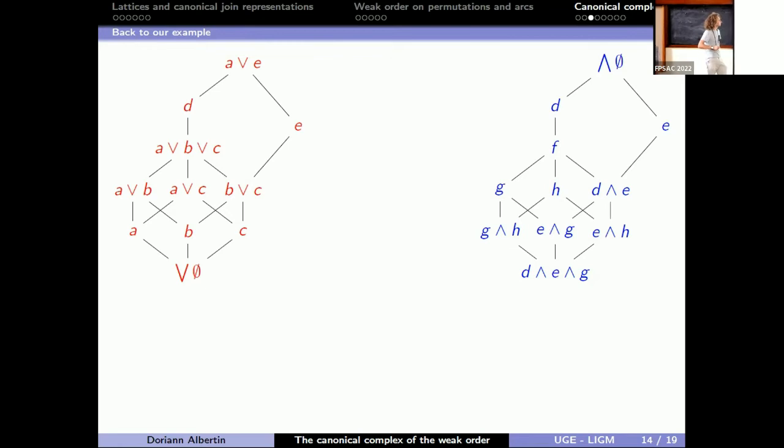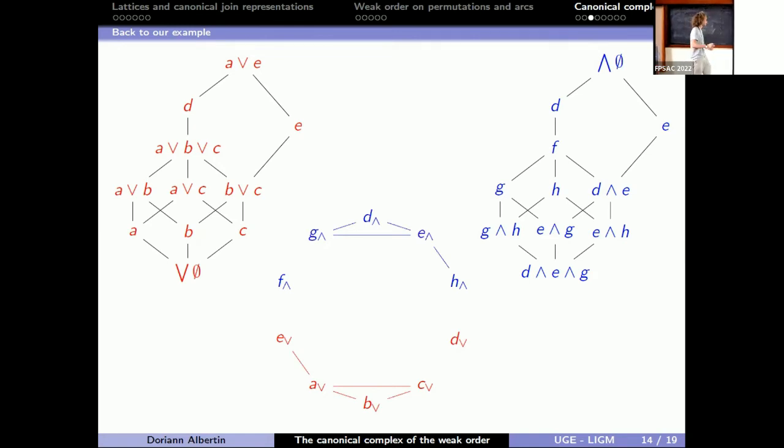I want the top element to be this one, the meet of nothing, and the bottom element can be pretty much anything. So I get naturally a copy of the canonical join complex in the canonical complex. In the same way, I can build an interval that is a bottom interval, whose bottom element is going to be this one, and whose top element can be anyone. So I get a copy of my canonical meet complex.